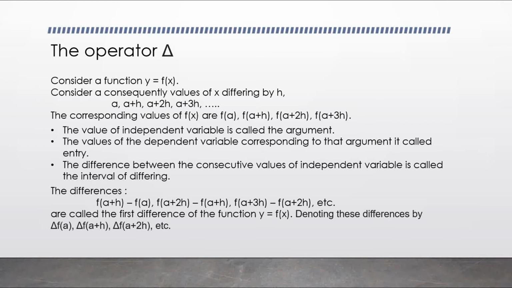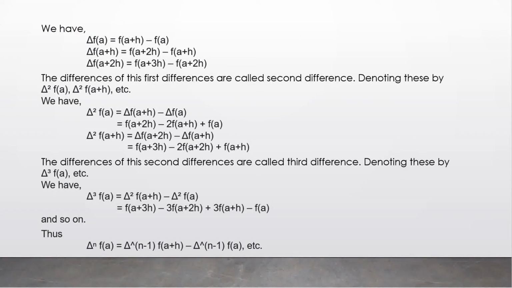Denoting these differences by delta f of a, delta f of a plus h, delta f of a plus 2h, etc., we have delta f of a is equal to f of a plus h minus f of a, delta f of a plus h is equal to f of a plus 2h minus f of a plus h, delta f of a plus 2h is equal to f of a plus 3h minus f of a plus 2h.